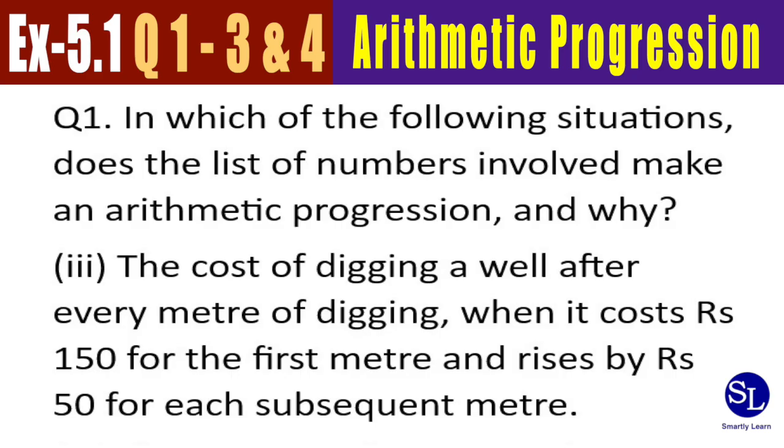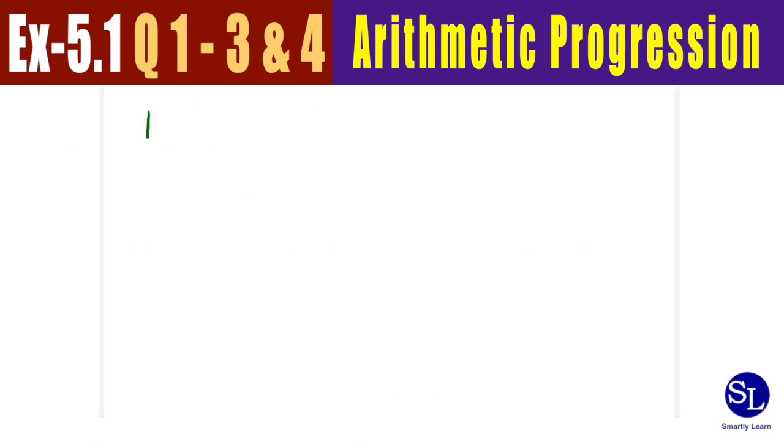The cost of digging a well after every meter of digging. So this is what we're looking at as an AP. It costs rupees 150 for the first meter and rises by rupees 50 for each subsequent meter. So now let us see, for the first meter, the cost is going to be equal to rupees 150.